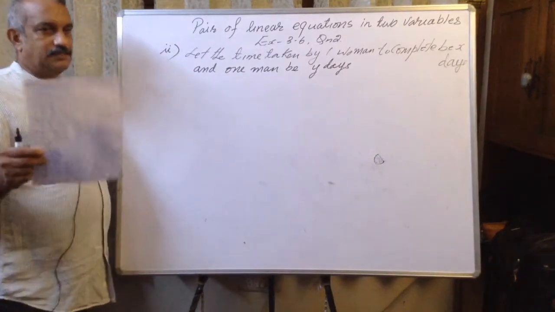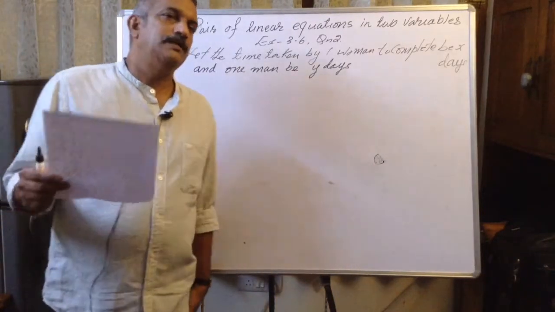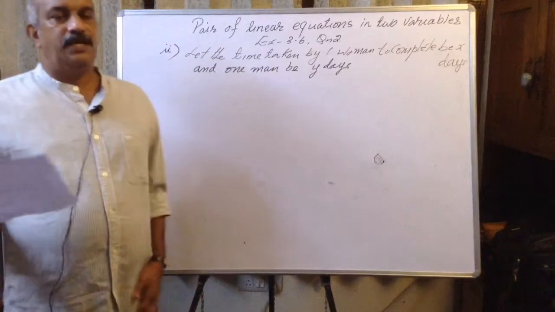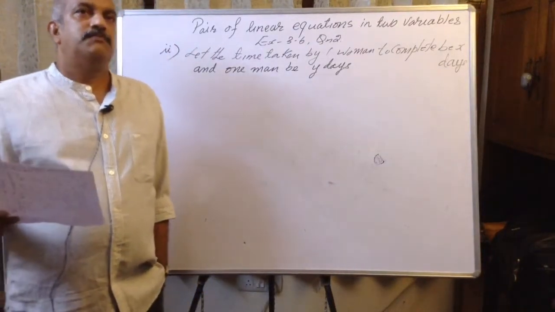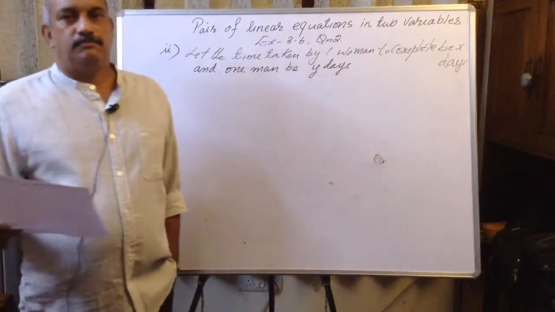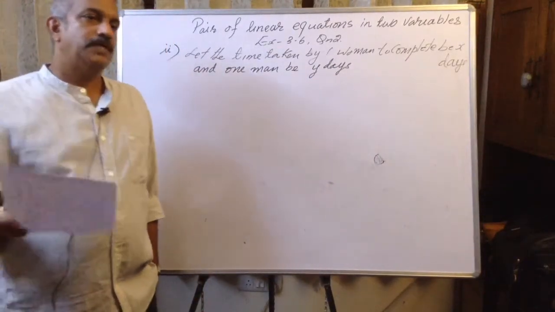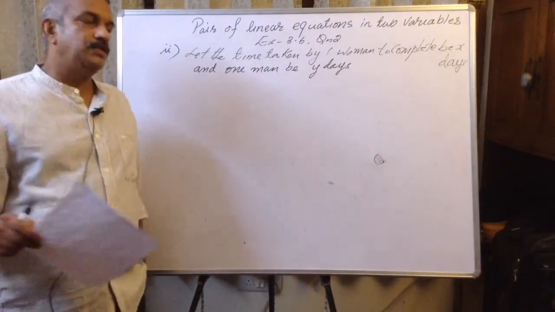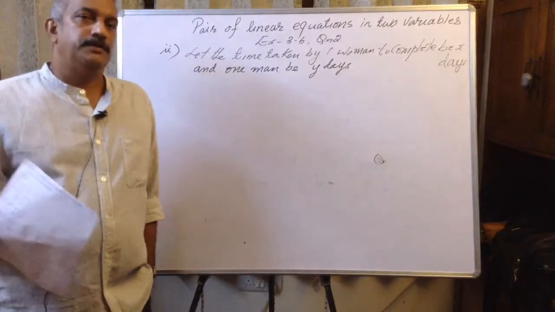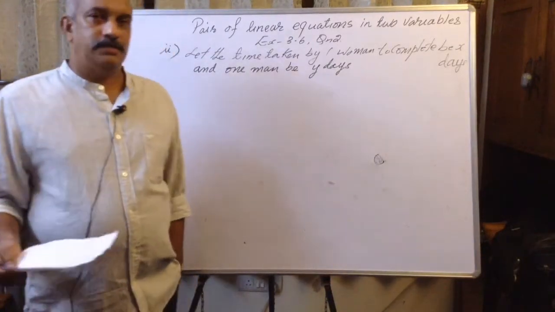Now clearly understand. It is the unitary method only, but with fractions. Suppose I can complete a work in 10 days. I can paint this room in 10 days. So what is my work in 1 day? I can complete only 1/10 of the work in 1 day. Suppose you can read a book in 20 days.